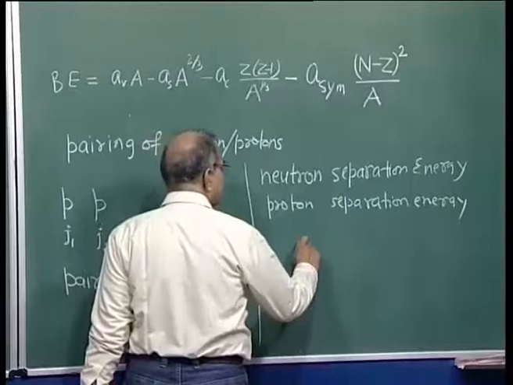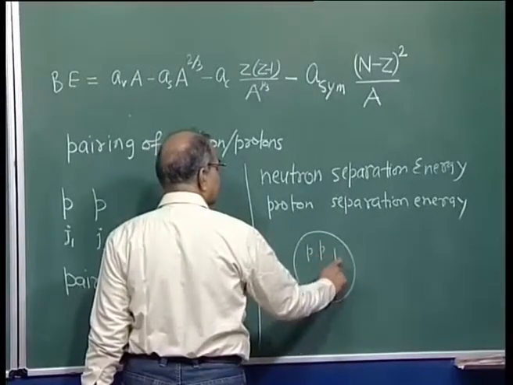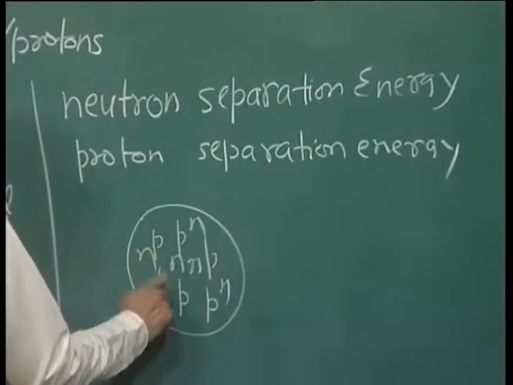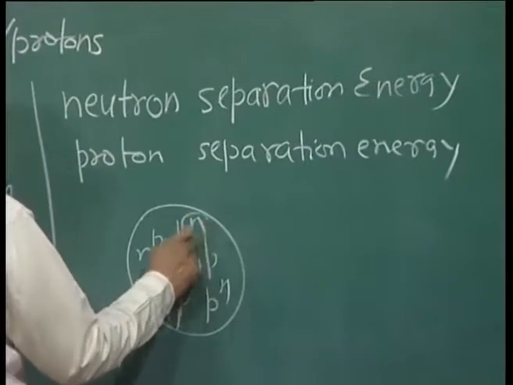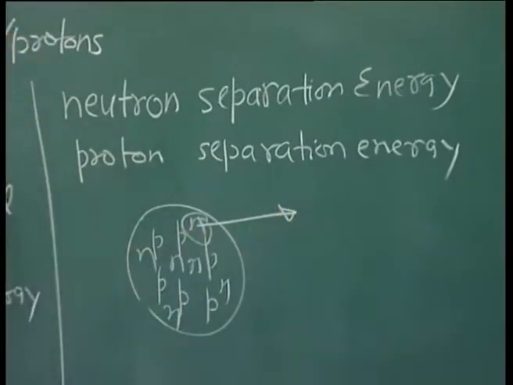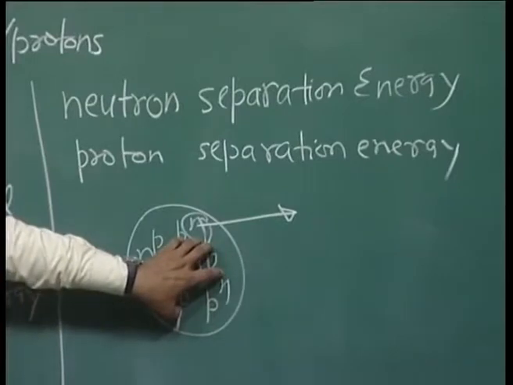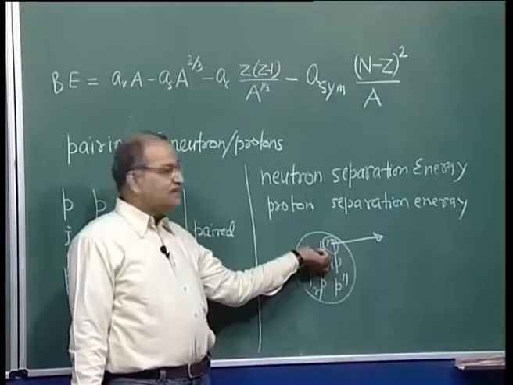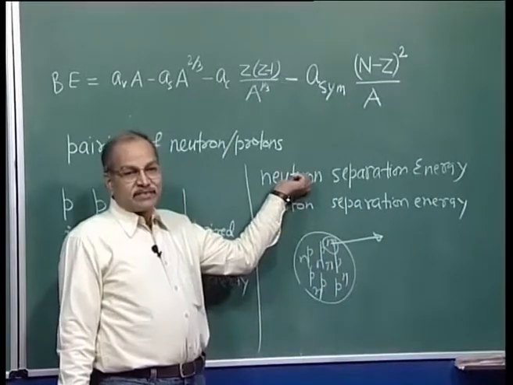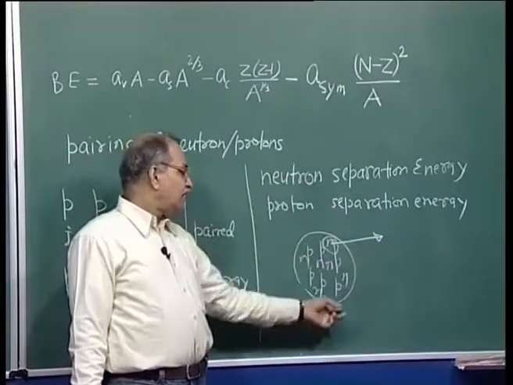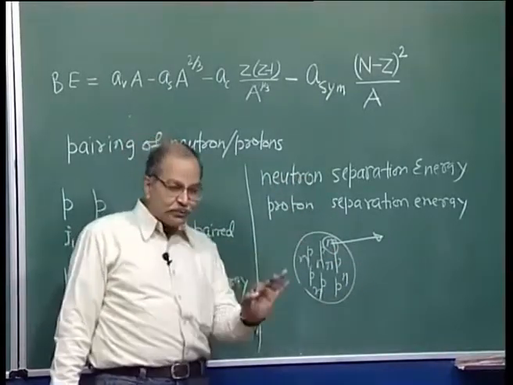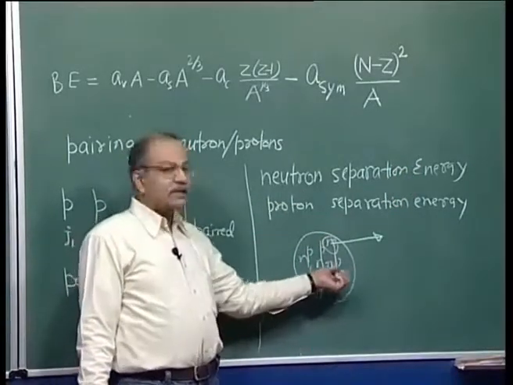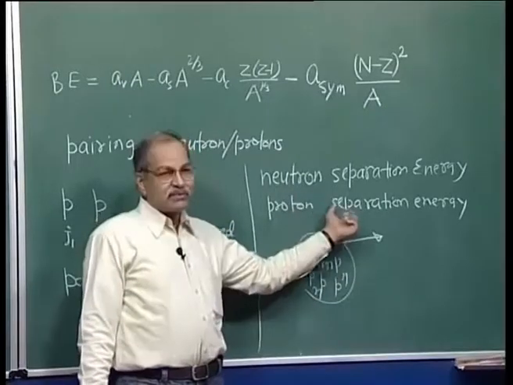So, if you have a nucleus having certain protons and certain neutrons, and you want to take one neutron out, this is a bound system, everything is bound, how much energy do you have to supply? That is known as neutron separation energy. Similarly, if you want to take one proton out, how much energy do you have to supply so that one proton can come out? That is known as proton separation energy.